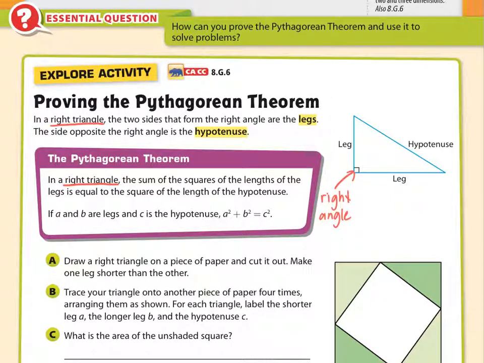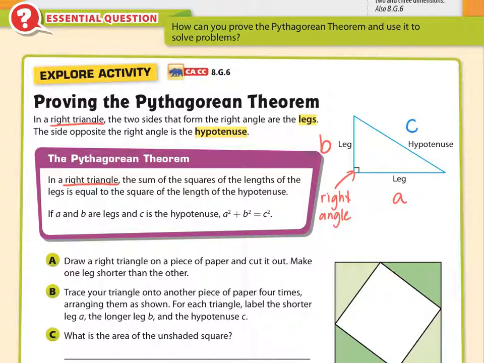In our problems today, we call the legs A and B, and we call the hypotenuse C. It doesn't matter if I put A on this leg and B on this leg. I could switch those. That's fine. But the hypotenuse is always C.